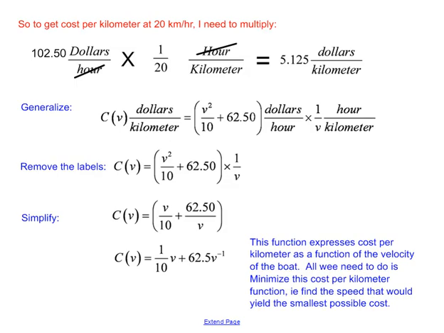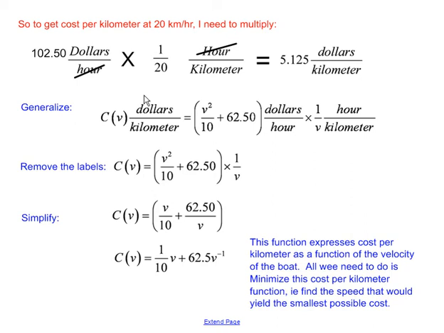So all I have to do is take my $102.50 per hour, multiply that by 1 over 20 hours per kilometer, and that's going to produce $5.125 per kilometer. To convert my rate of dollars per hour into dollars per kilometer, I need only multiply by the reciprocal of the given velocity.